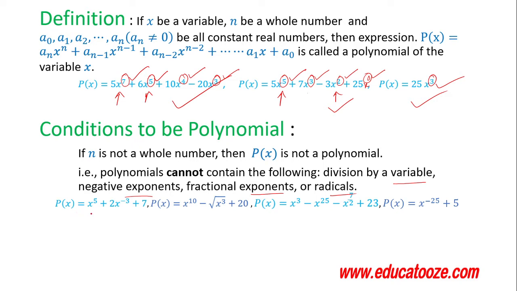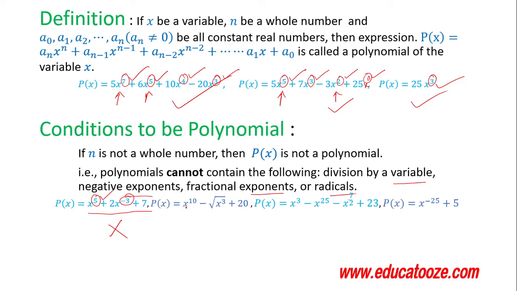Let us take an example like p of x equal to x power 5 plus 2x power minus 3 plus 7. The power of this variable is a whole number, but what about this power? 2x power minus 3. Minus 3 is not a whole number. So that means this is not a polynomial.